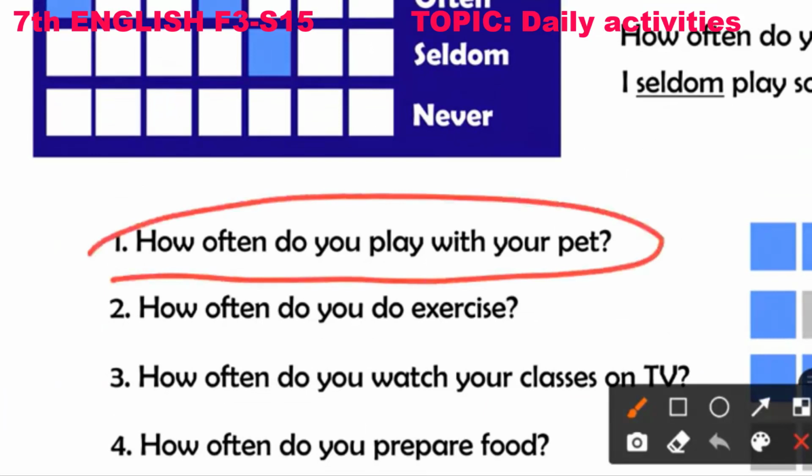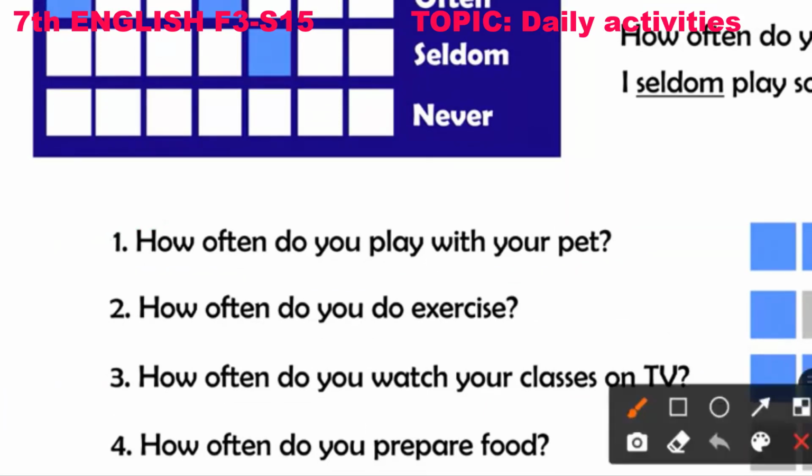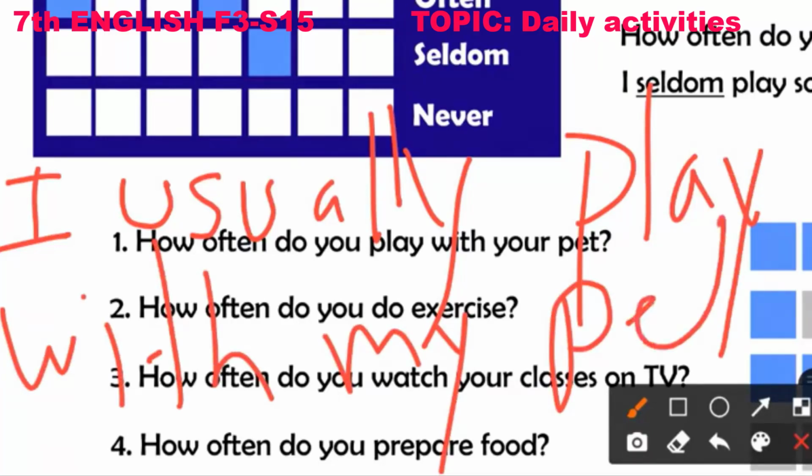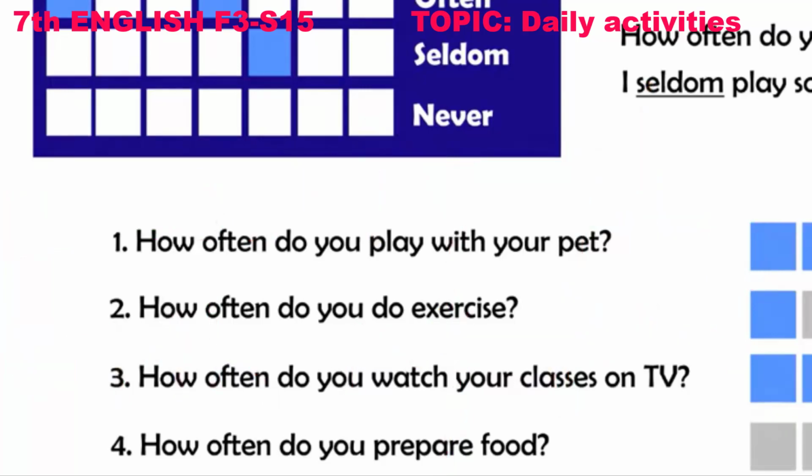Empezamos con el pronombre I. Luego, ¿qué sigue antes del verbo? El frequency adverb. ¿Y cuál es el frequency adverb? Usually. I usually play with my pet. Okay? I usually play with my pet.